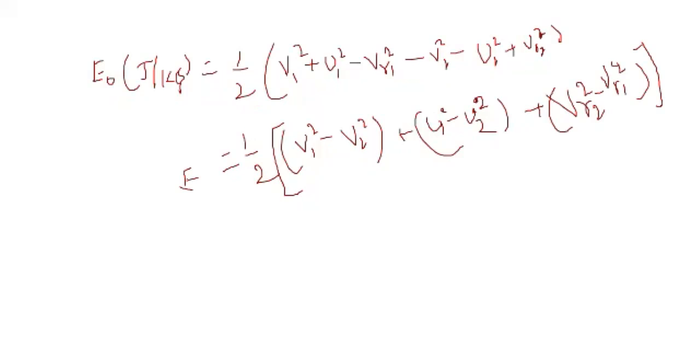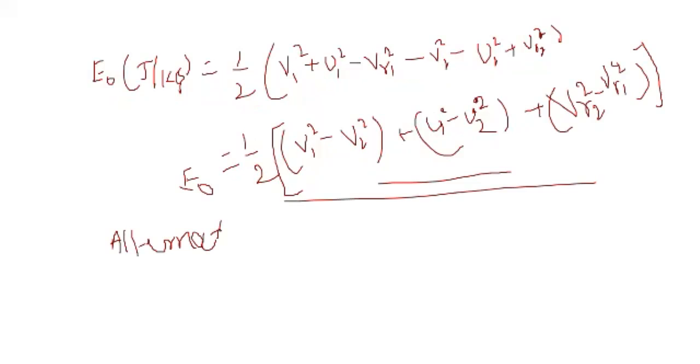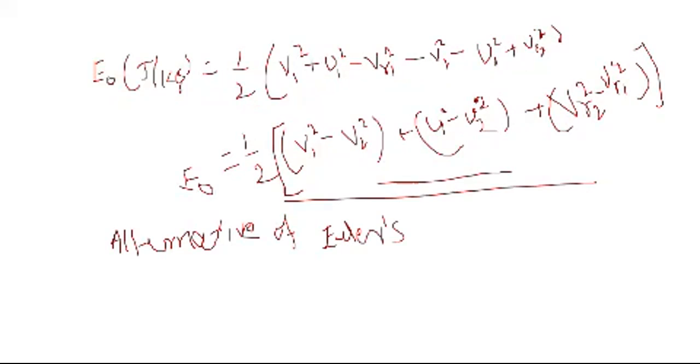Okay, this is the alternative form of Euler's equation for a power generating machine. It is a very important and useful expression. This is for a power generating machine. You can also write it for a power absorbing machine. For a power absorbing machine, all these things will get reversed.